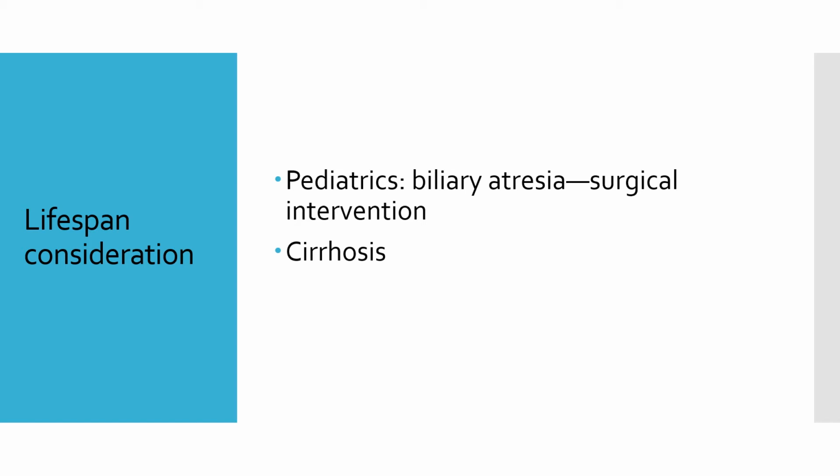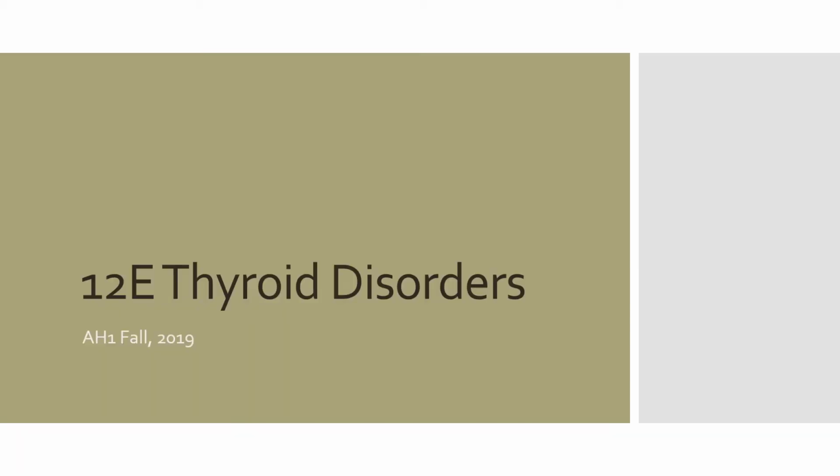In addition to blockage, the disease can also be caused by hepatocellular dysfunction. The lack of bile acids also interferes with digestion, fat absorption, and fat-soluble vitamins such as A, D, E, and K, resulting in steatorrhea and nutritional deficiencies. Without treatment, disease is fatal. And so patients with biliary atresia need to have surgical intervention. And we've already talked about cirrhosis of the liver.